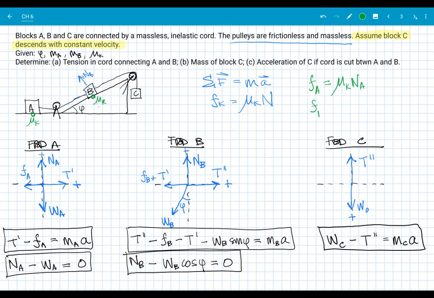The frictional force on block B: mu sub K, same coefficient. Same coefficient doesn't mean same force, because the force is a product of the coefficient and the normal force. The normal forces on blocks A and B are not the same here. Even if their masses were the same, they wouldn't be the same because block B is on an incline. So mu sub K is multiplied by the normal force on B.